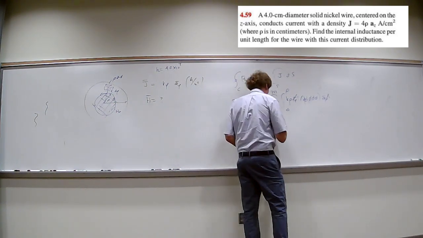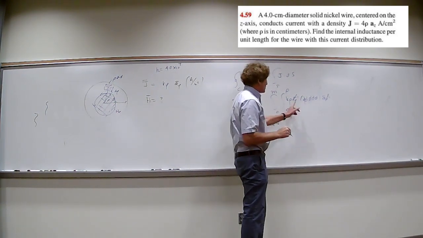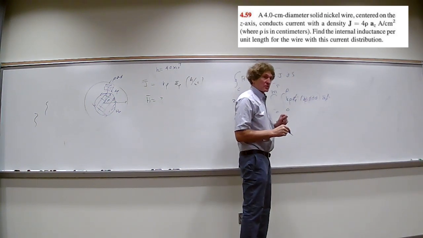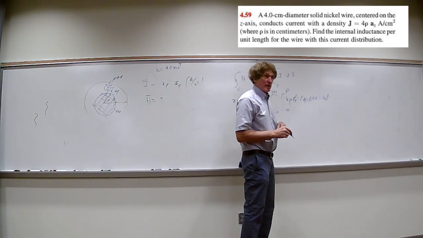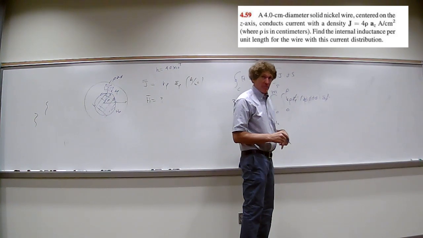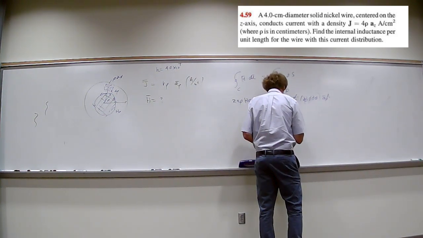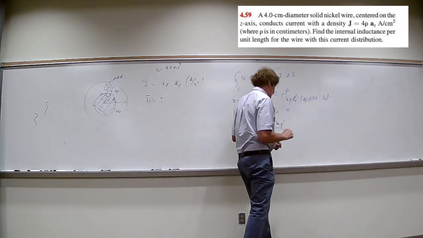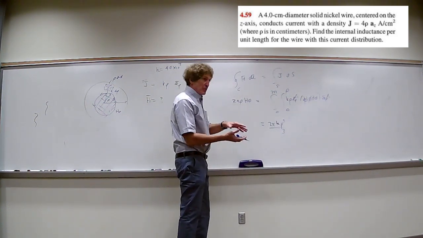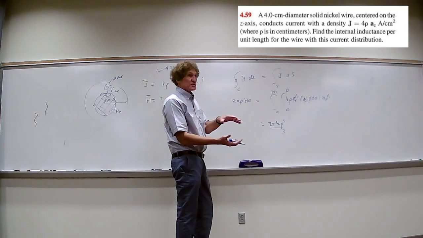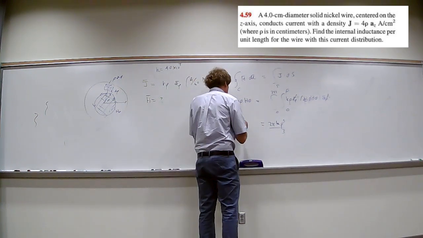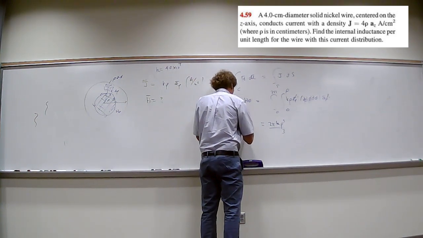The K comes out, right? And I have rho times rho, or rho squared d rho, which when we integrate gives rho cubed over 3. Do y'all follow me? So I get K rho cubed over 3 times 2 pi, and that would be the total current inside a radius rho. That's equal to 2 pi rho H phi.